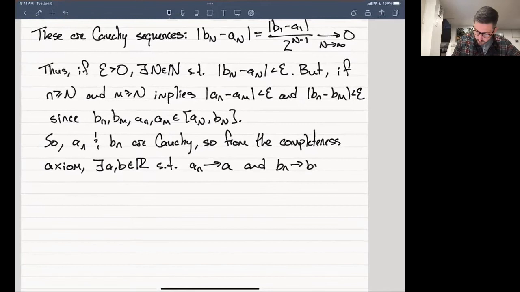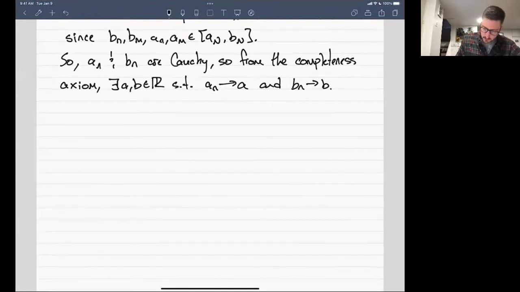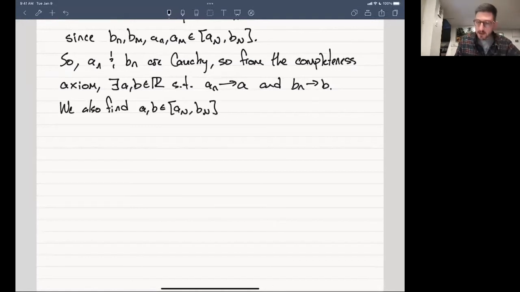Now, with a little bit of argument that I'm going to omit, we also find that A and B belong to A capital N and B capital N. So this might take a little bit of extra argument, but I urge you to try this all on your own.